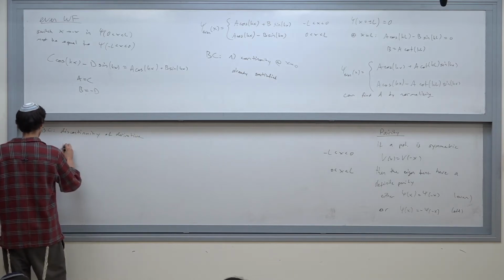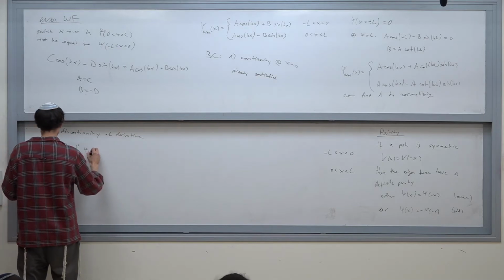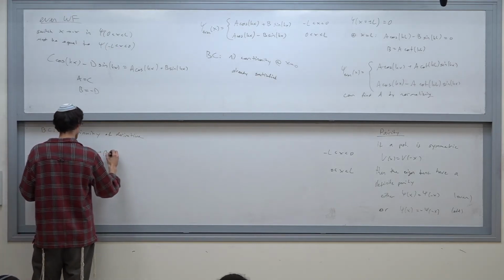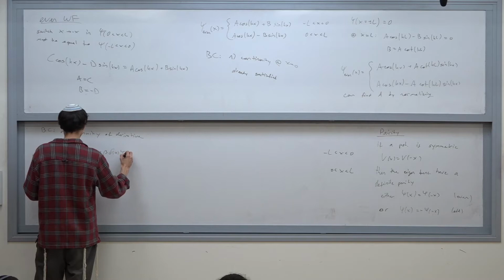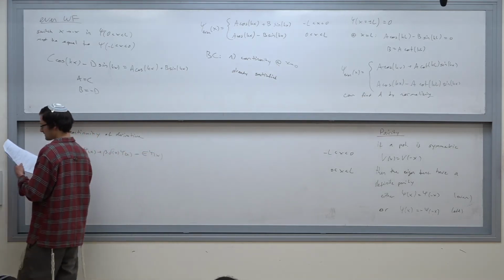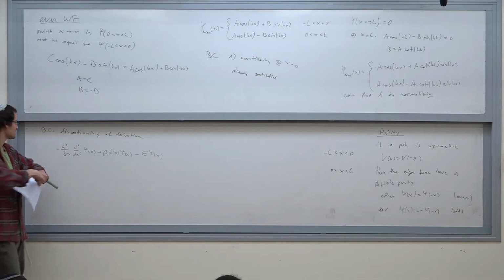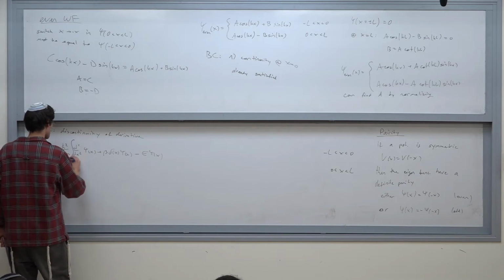We start from the Schrodinger equation, including the potential. And we then integrate on both sides from minus epsilon to plus epsilon and take the limit where epsilon goes to 0.